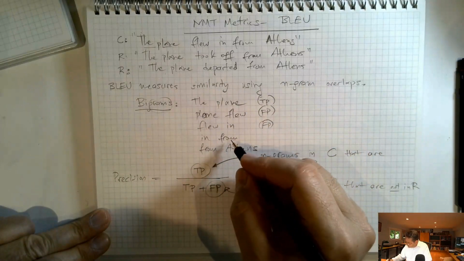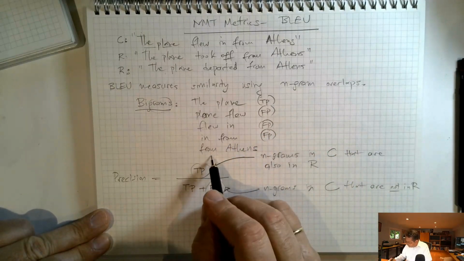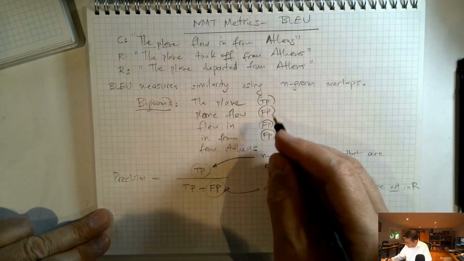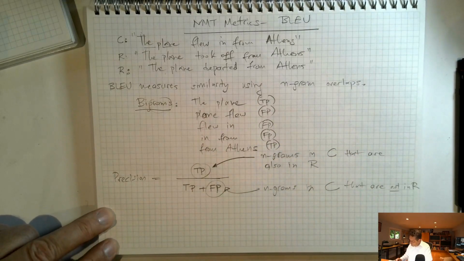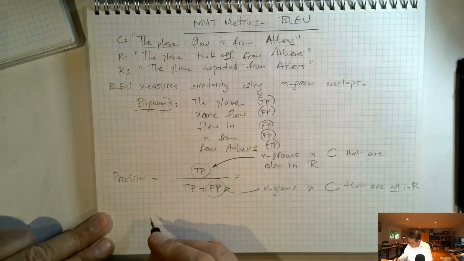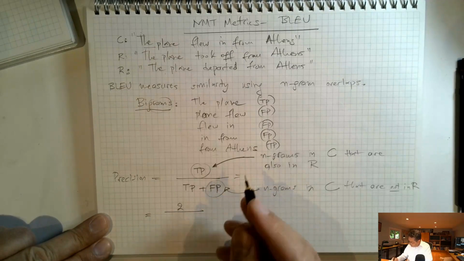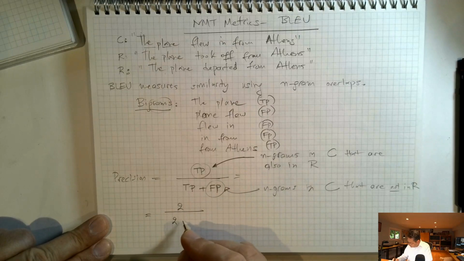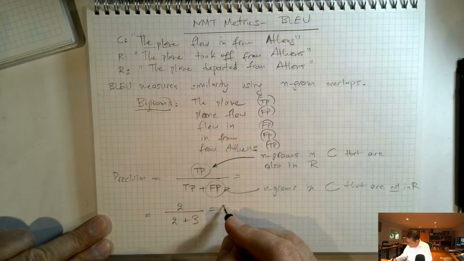In from, also a false positive. And from Athens, that is definitely a true positive. So in terms of precision, we have two true positives divided by two true positives plus 3, and therefore the precision is 2/5.